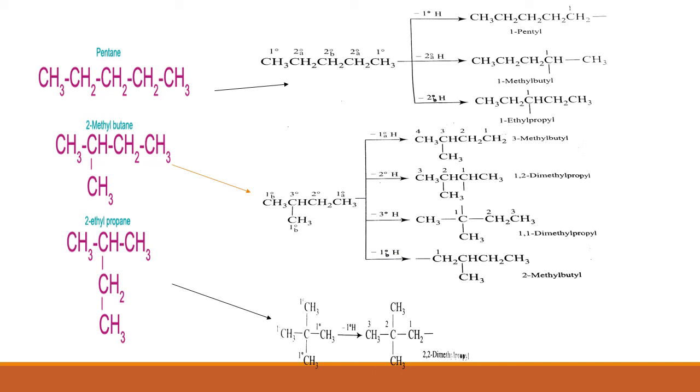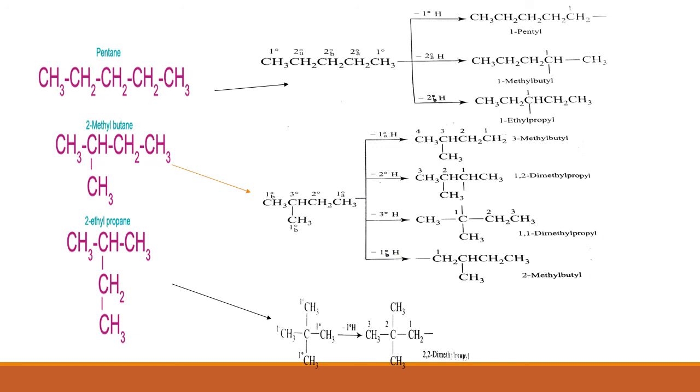Number 1, the CH3 terminal carbon, is removing its H. So it is 2,2-dimethyl propyl, or it may also be named neopentyl. Neopentyl. So in the same way, we can find out the nature of the alkyl group.